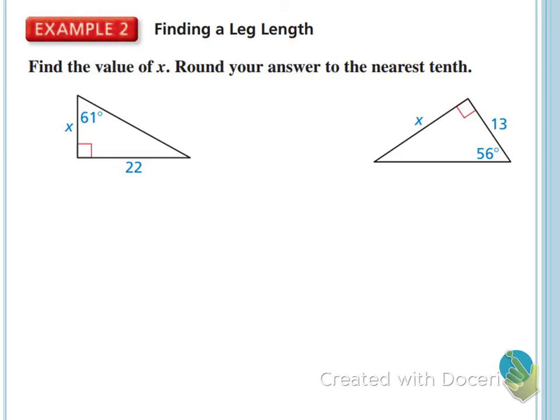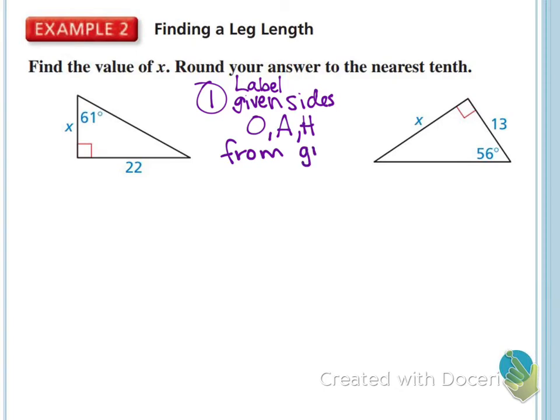So I'm going to have you write down 3 steps. Step 1 is we're going to label the given sides as opposite, adjacent, and hypotenuse from the given angle.